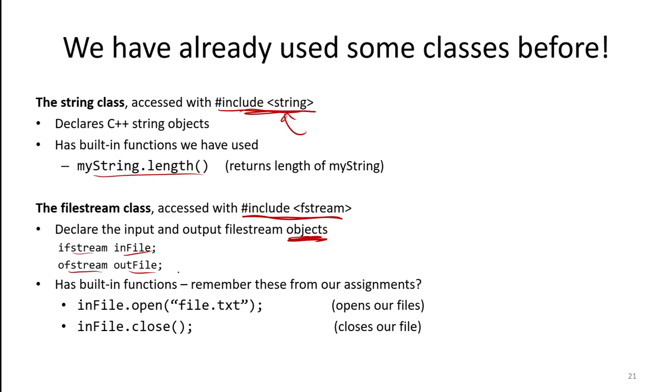And essentially what we're doing is this input filestream object allows us to combine our file's data with the functions to manipulate that data. And you'll notice our dot operator appears again, because we are using the open function on the input filestream object, and we're using the close function on the input filestream object.